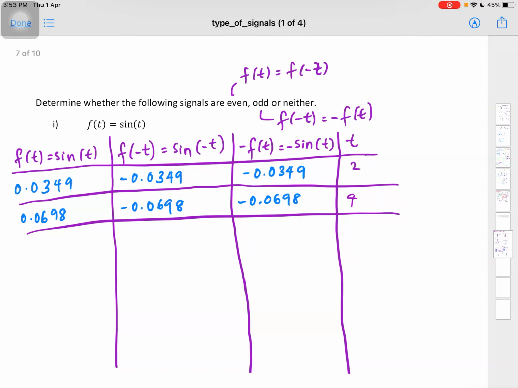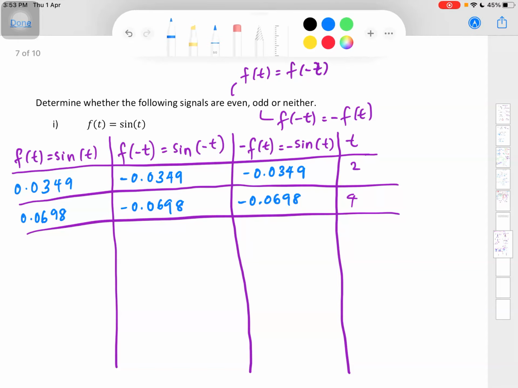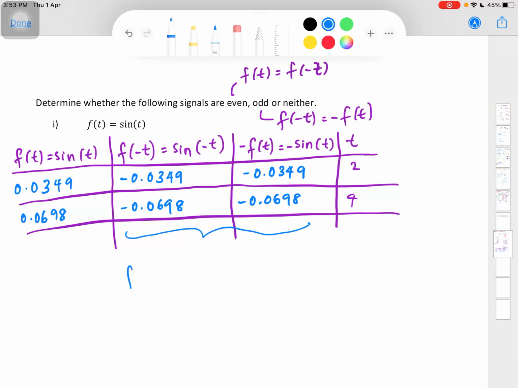From here you can see that these parts are equal, which means f of minus t equals minus f of t. So we satisfy the equation for oddness, so it means we have an odd signal.